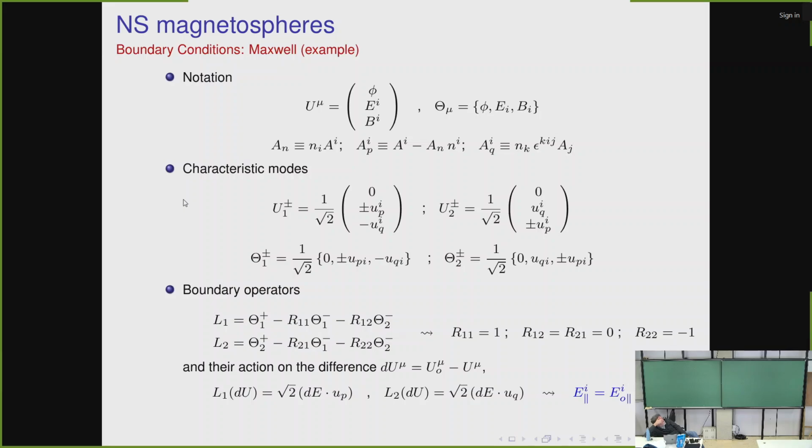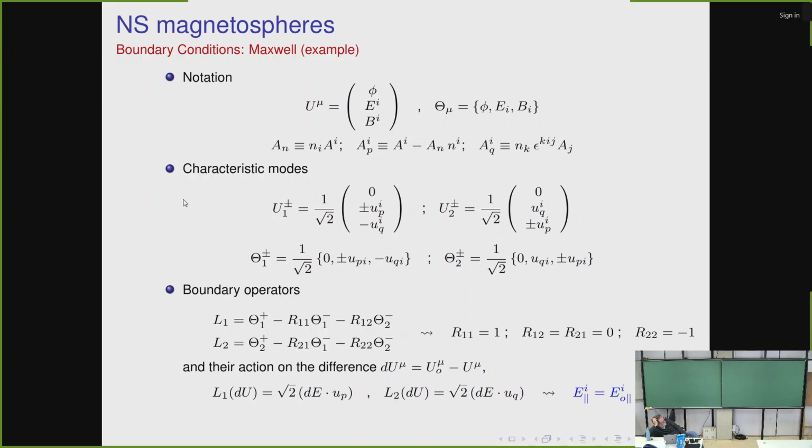So these are the most general boundary operators, and to fix the conditions you want, namely the tangential components of the electric field, that completely fixes these freedom parameters, these particular combinations.